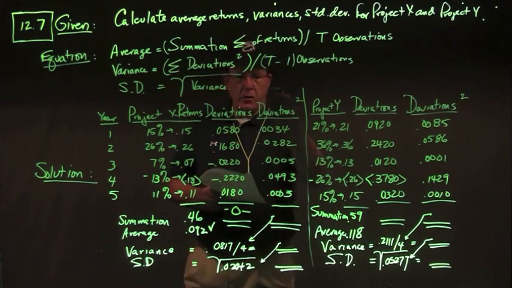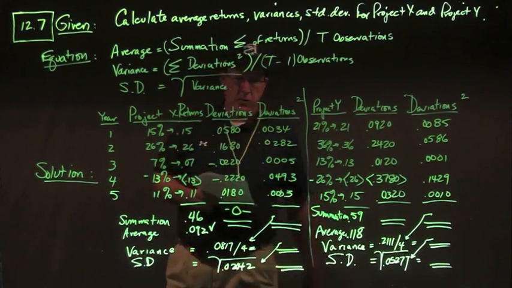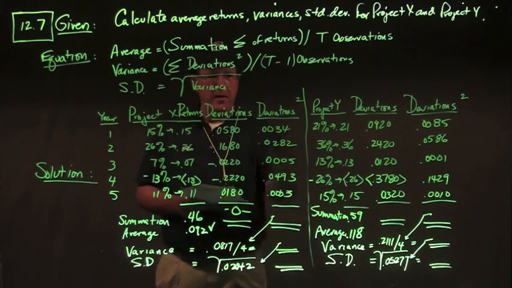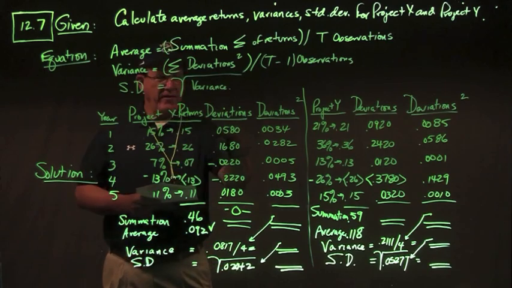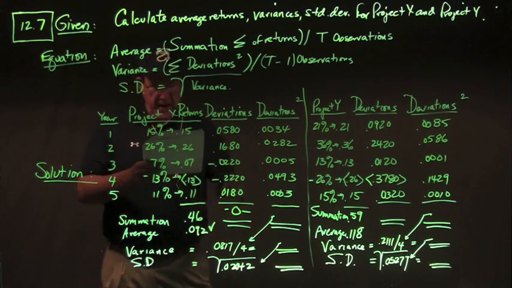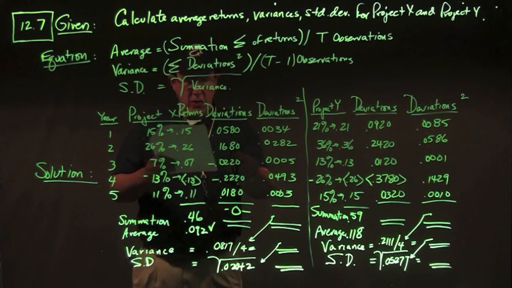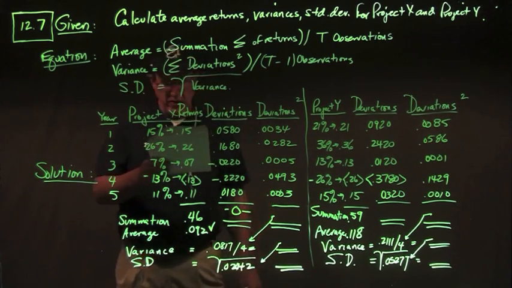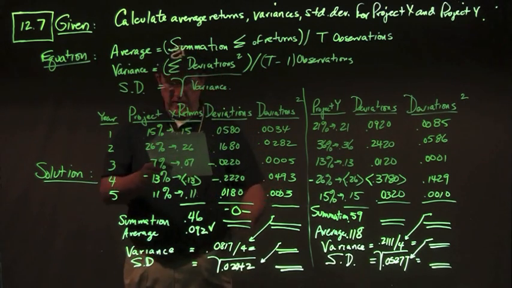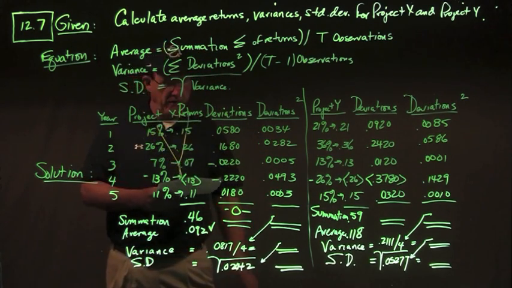Step 3, square them up and sum them up. Square the deviations to eliminate the negatives and then add them up. 0.0580 squared is 0.0034. 0.1680 squared is 0.0282. Minus 0.0220 squared is 0.0005.